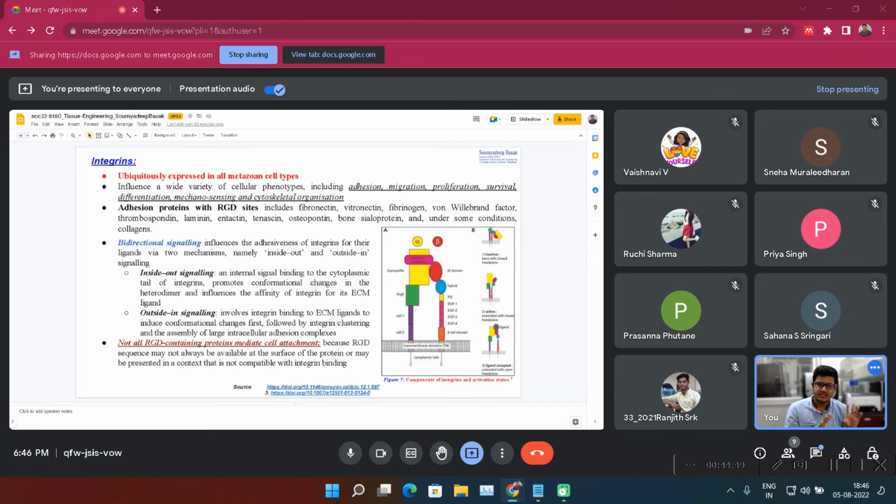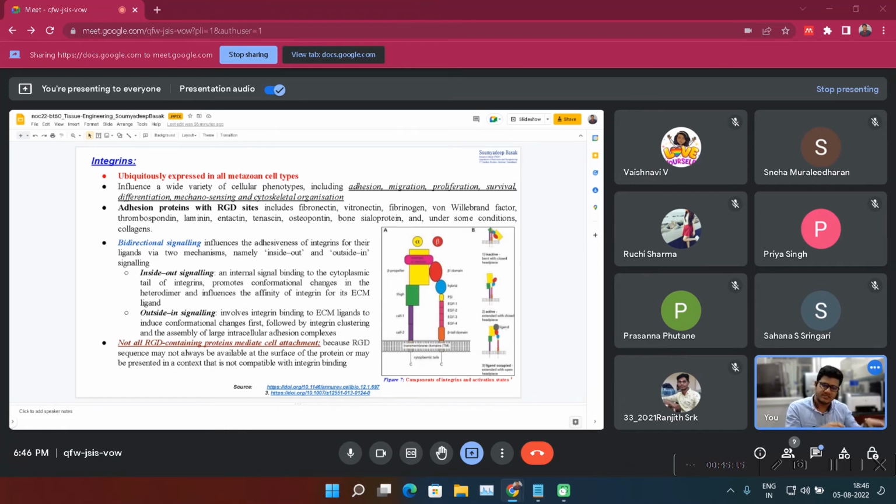So think about it this way: RGD is a motif responsible for integrin interaction, good. But having the RGD domain in the protein does not necessitate that the integrin is going to interact with the protein. Okay, it needs to be accessible and presented to the integrin in the proper form so that the integrin interaction can occur.